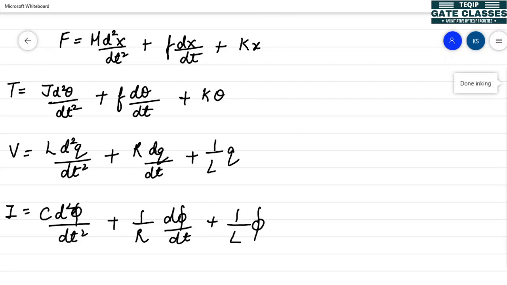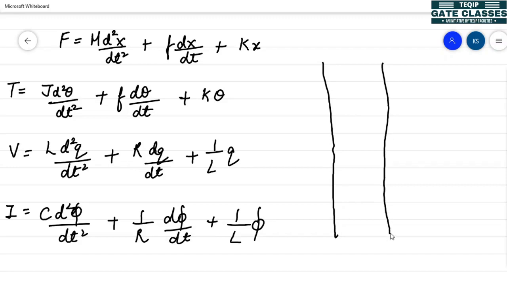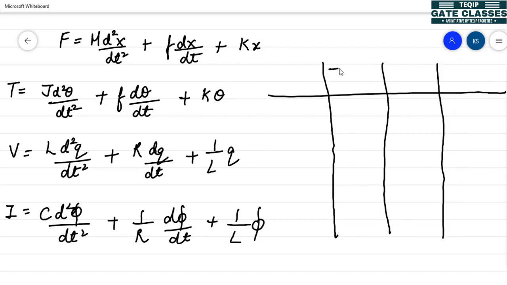So now I am going to find the analogy between all four systems. This is the translational system. This I represent as the rotational system.